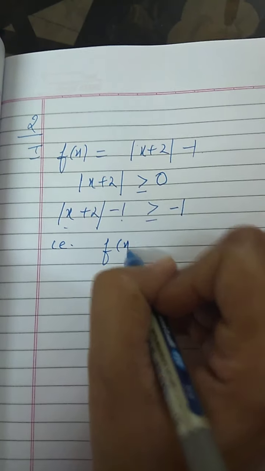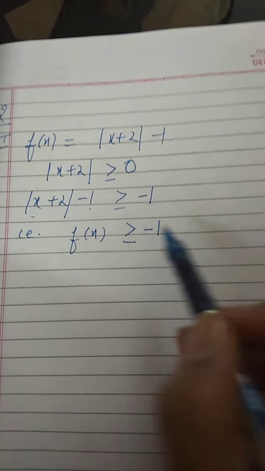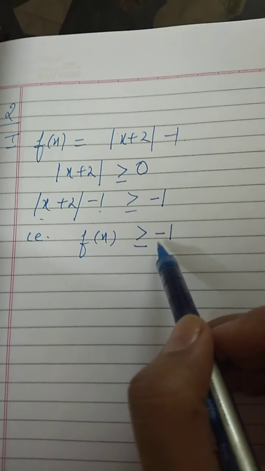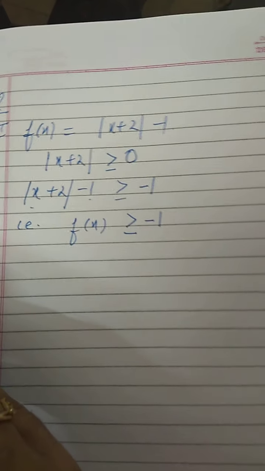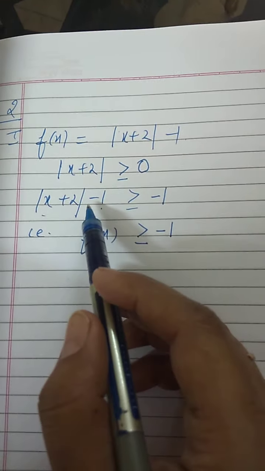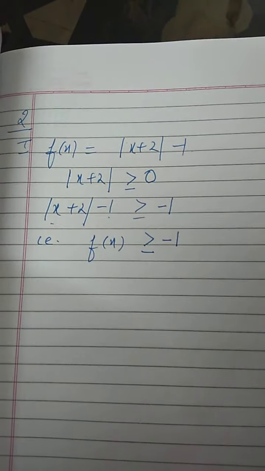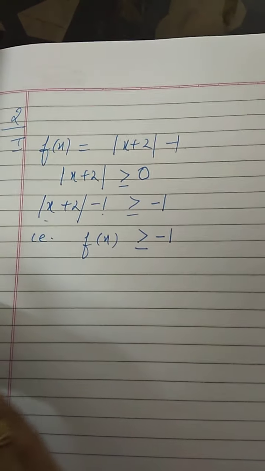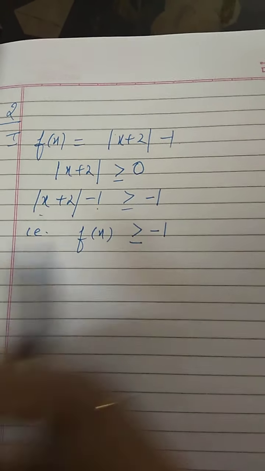That is f of x is always greater than or equal to minus 1. So maximum value we cannot find here once again. As I keep on putting different values of x to infinity, the value of this modulus will keep on increasing till infinity, and infinity minus 1 will again remain infinity only, right?